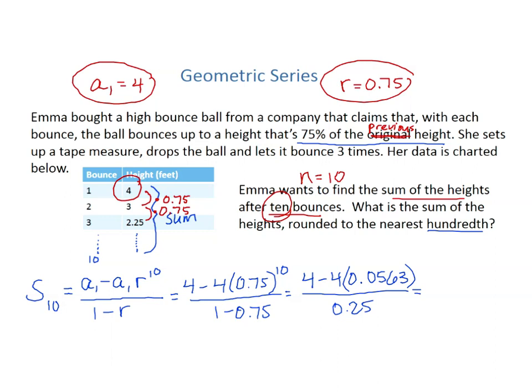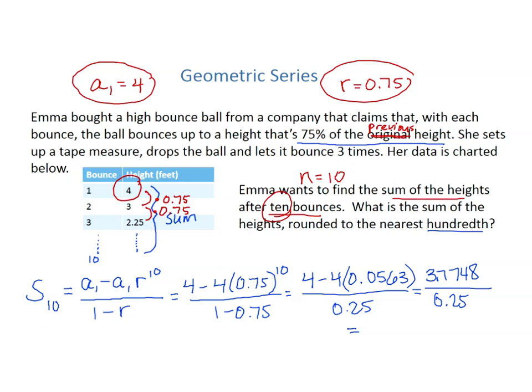And now I'm going to do that last part of the problem. 4 minus 4 times 0.0563 equals, divided by, and I got approximately 3.7748. Actually, not approximately, that's exactly what I got because I rounded. And I'm running out of room. Let me write it down here. And I'm going to divide that by 0.25.